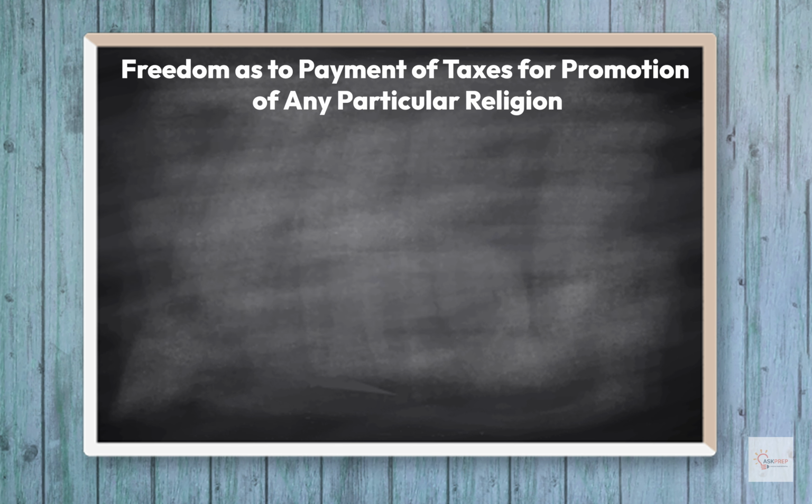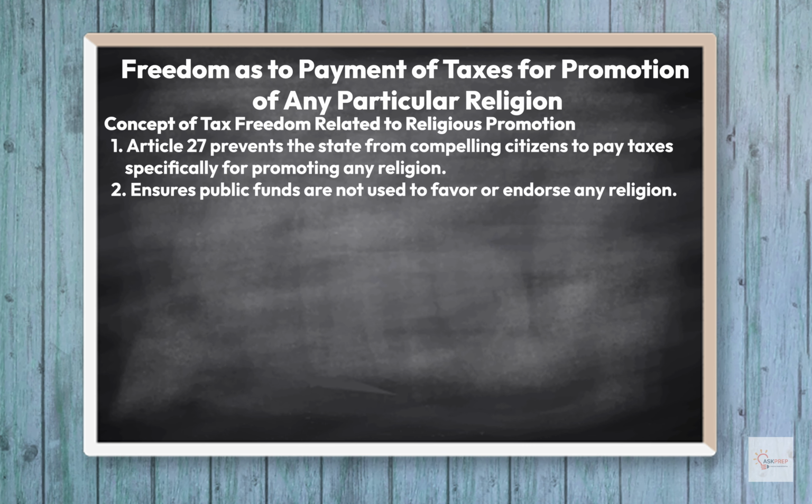Now let's talk about the fourth point: Article 27, Freedom as to payment of taxes for promotion of any particular religion. Concept of tax freedom related to religious promotion. Article 27 prevents the state from compelling citizens to pay taxes specifically for promoting any religion.